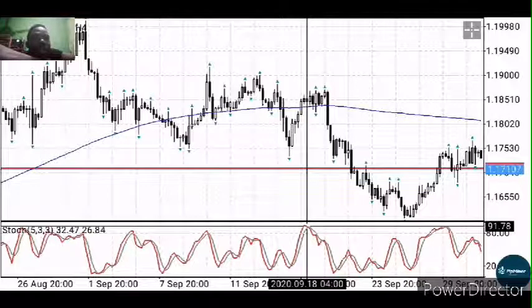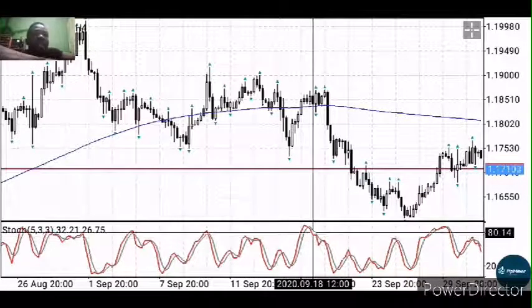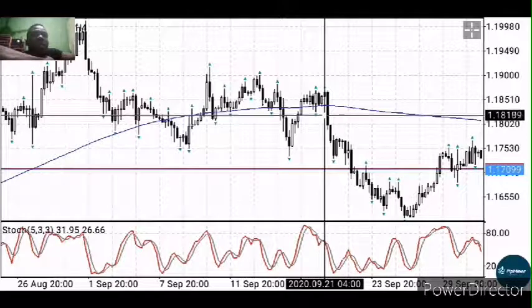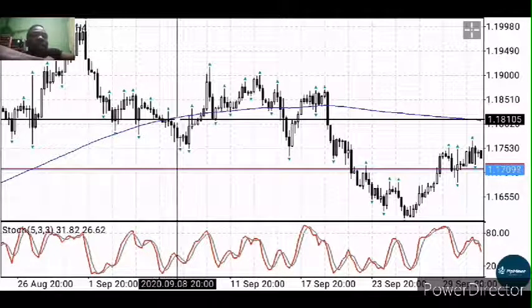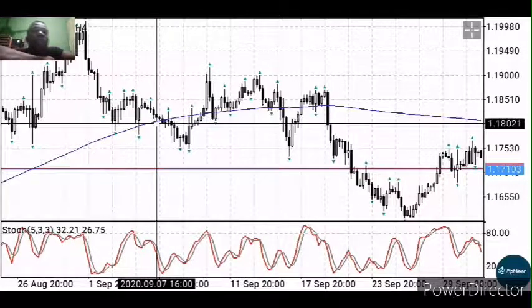That's signal one, and you can see the moving averages of the stochastic piercing one another, facing downwards. And also you can see that our 200 moving average is gradually being broken. The bars are no longer clearly above the 200 simple moving average.